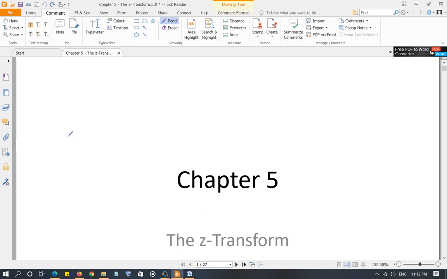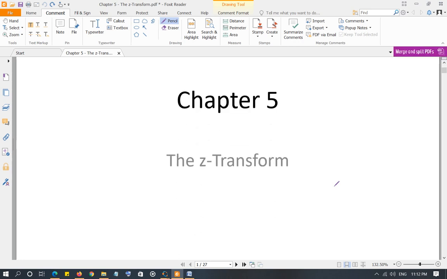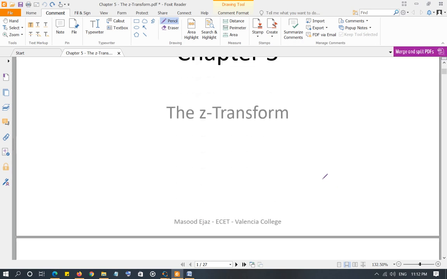Z-transform actually is derived from Laplace transform. Laplace transform is for analog signals, and Z-transform is the Laplace transform of discrete signals. In DSP, Z-transform is of utmost importance. You design systems using Z-transforms, your filters basically.